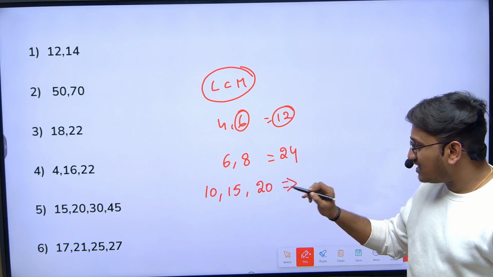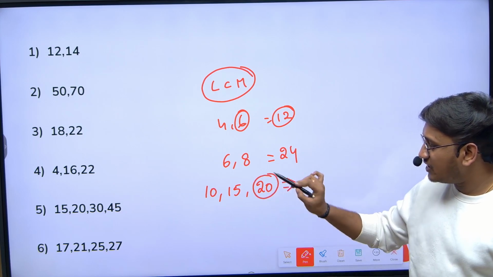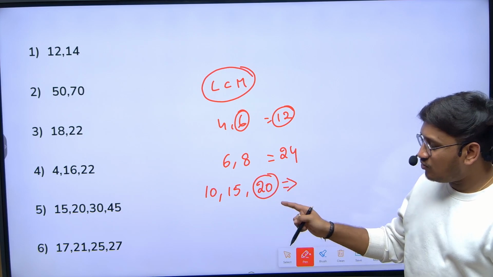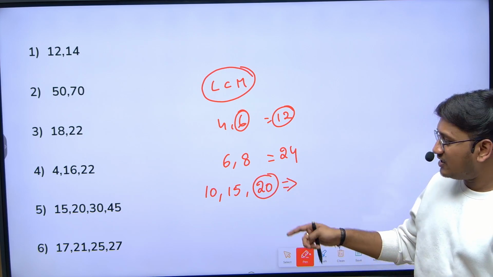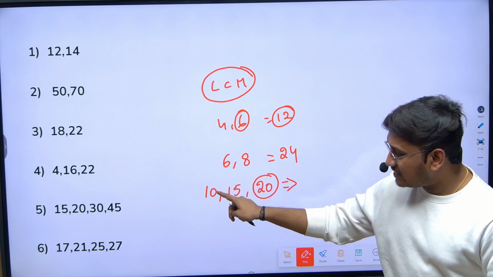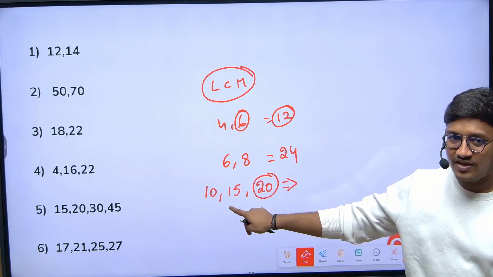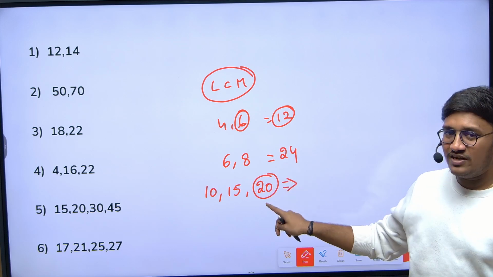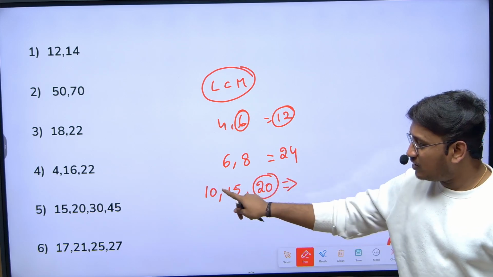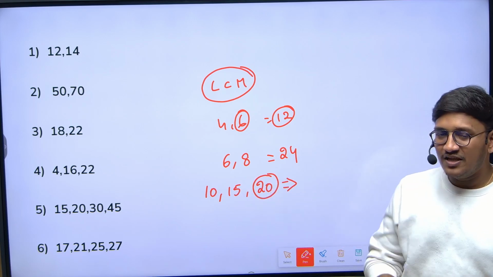Even if you have more than 2 numbers, let's take an example: 10, 15, 20. What is the LCM of 10, 15 and 20? What is the highest number in the list? 20. Is 20 the LCM or only a multiple? We should check. 20 is exactly divisible by 10 but not by 15. To say that 20 is the LCM, it should be divisible by all the numbers in the list. So 20 is not divisible by 15. What is the process?